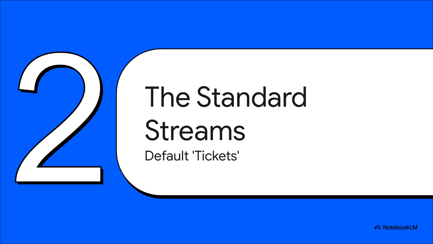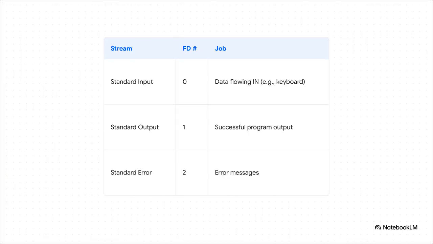Okay, so if the system is handing out these tickets, you might be wondering, do we get any for free when we start? And the answer is yes, absolutely. Every single program you run automatically starts with 3 default tickets already in its hand, and these are known as the standard streams. Now, these 3 streams are the absolute foundation of all this. You've got ticket number 0, which is standard input, or STDIN.